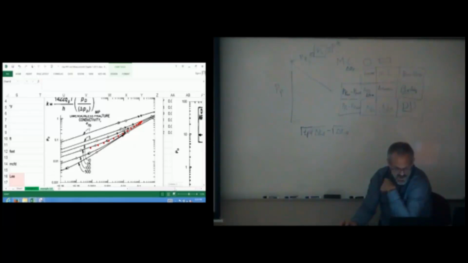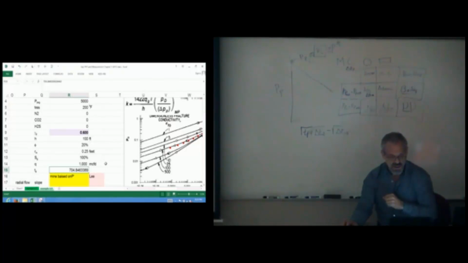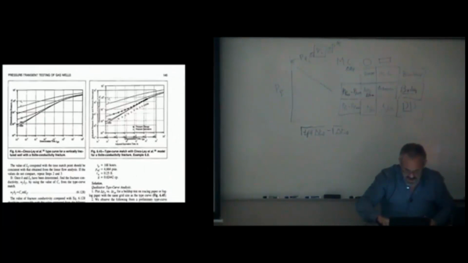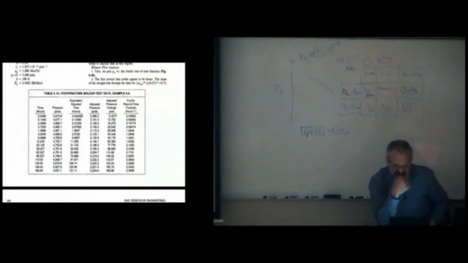So maybe the real error in the problem assignment, and there are some typos in it, is what they used for T sub P. Now, the other way to investigate that is they've got tables, right, of equivalent adjusted time.